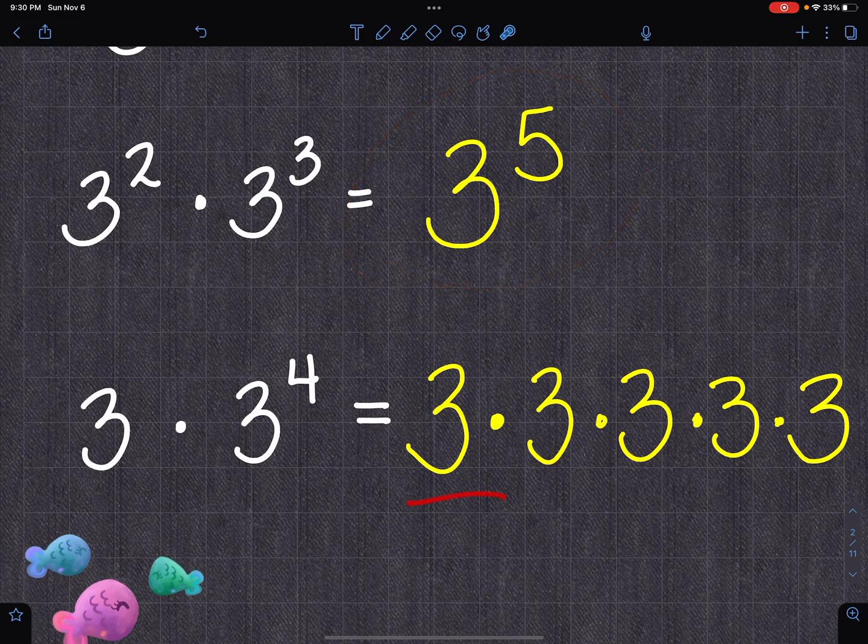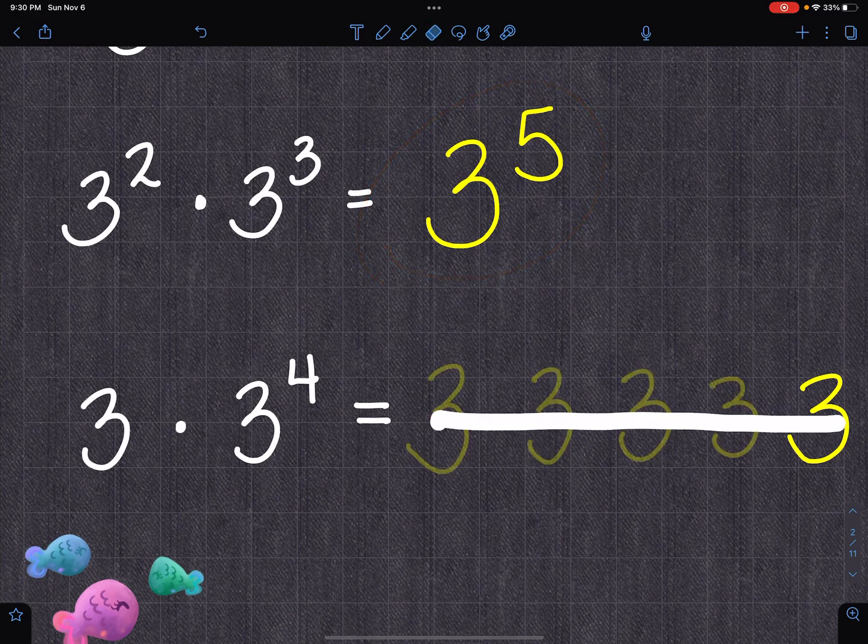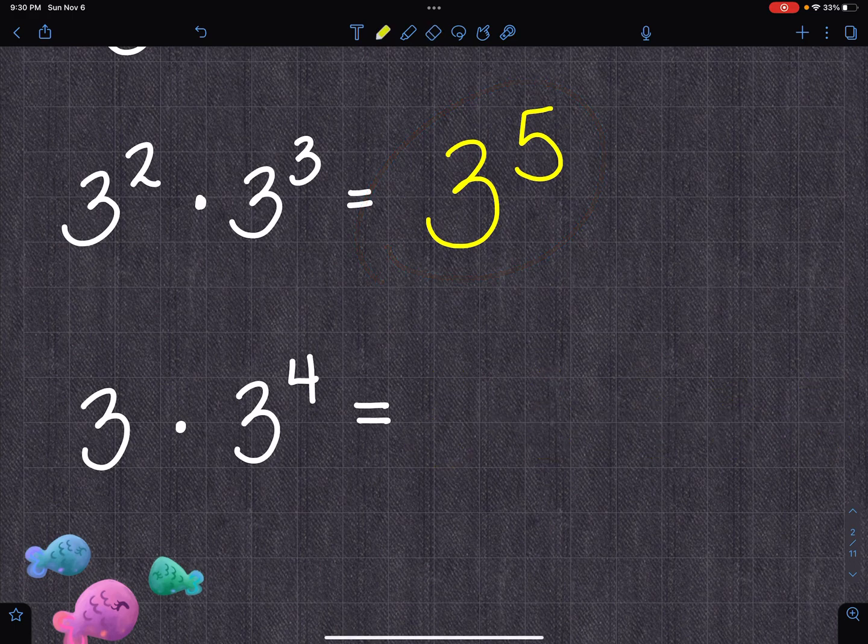Because look, 1, 2, 3, 4, 5. You have 5 3's. So that's the same as 3 raised to the 5th. So I can write all of this just as 3 raised to the 5th power. And check it out. Look at these exponents here. You've got a 4 and you've got no exponent, which is a 1. Oh my goodness, 3 raised to the 5th. You can see what we're going to do here. This is so fun, right?